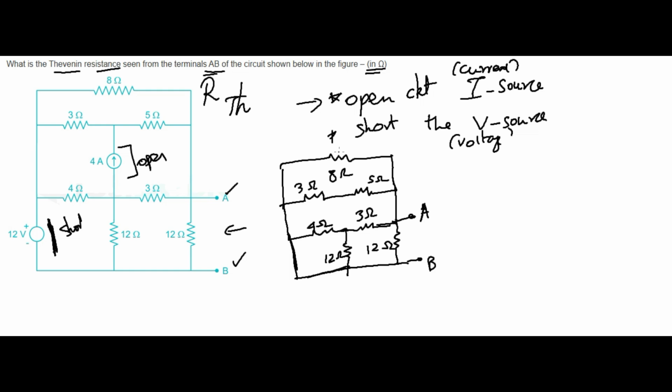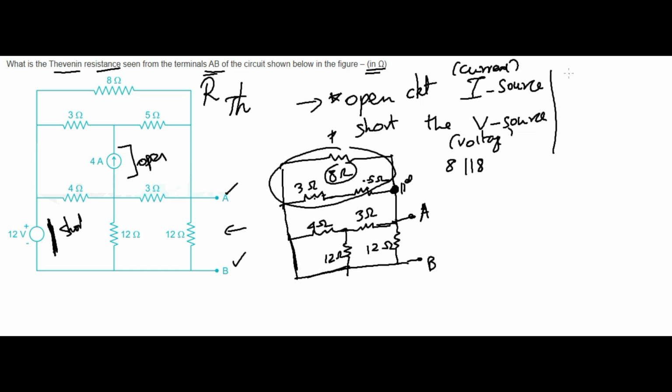First you take this section. 3 and 5 are in series, so 8. This 8 is in parallel with the 3 and 5, because there is a junction, which is called parallel. So 8 parallel 8.